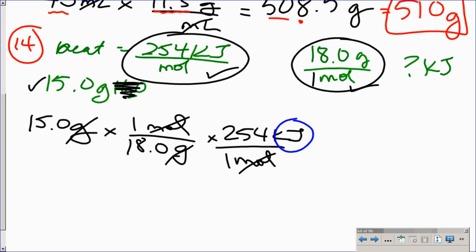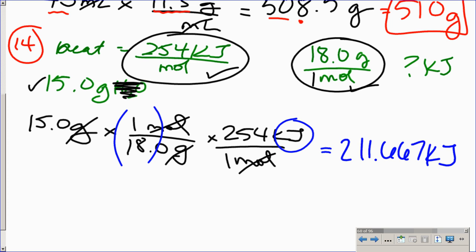So in my calculator, I'll do 15 times 254 divided by 18, or 15 times parentheses 1 over 18 times 254. It depends on how you want to use your calculator, if you like parentheses or not. So everything in the numerator divided by everything in the denominator, and you get 211.667 kilojoules.